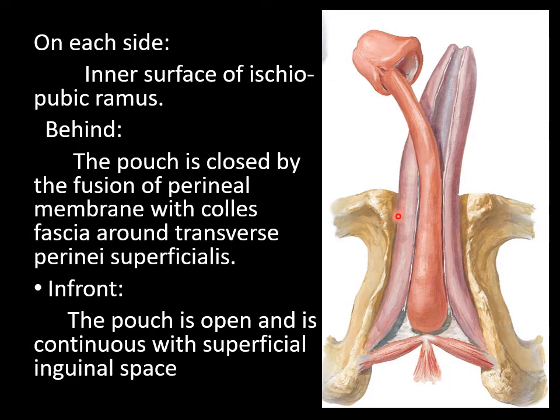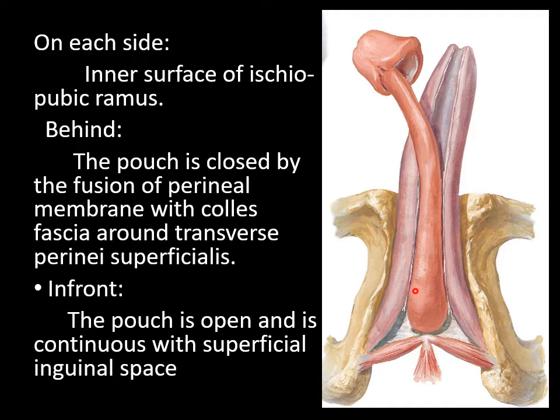As we have discussed, the Colles fascia extends down and attaches to the ischiopubic ramus on either side, anterolaterally, and posteriorly it covers the two superficial transverse perineal muscles and then ascends upwards and joins with the posterior end of the perineal membrane.